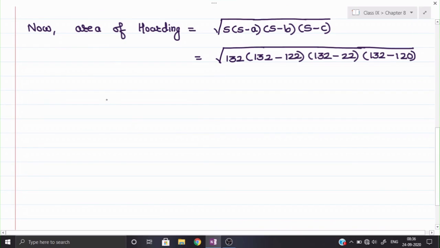This is equal to the square root of 132, which I am keeping as it is, into (132 minus 122), which will remain 10, into (132 minus 22), which will remain 110, and (132 minus 120), which will remain 12.